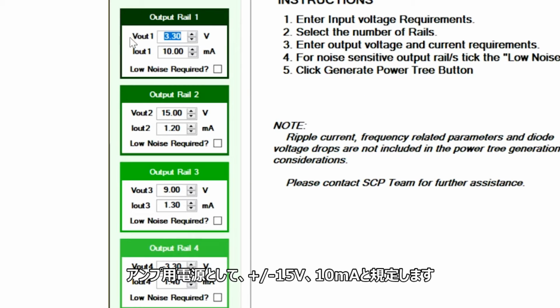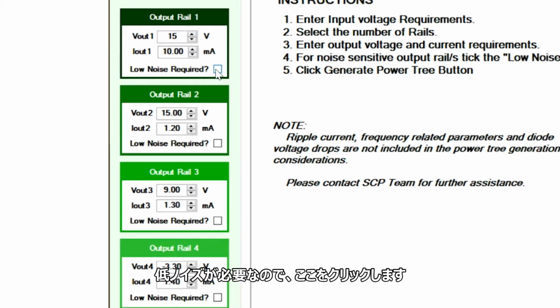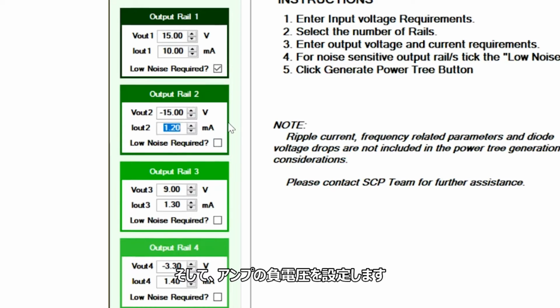Let's say for the amplifier we want plus minus 15 volts at 10 milliamps. If we suspect we'll need an LDO for this operation, we click it here. Again, for the amplifier minus.